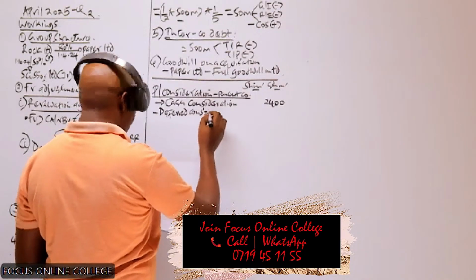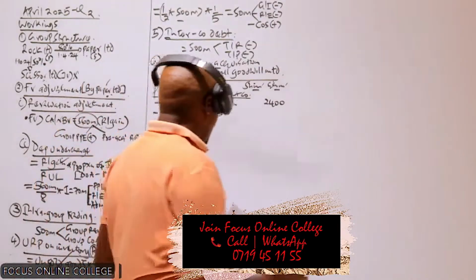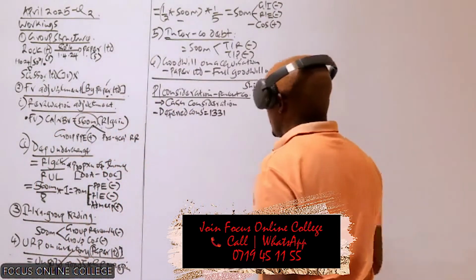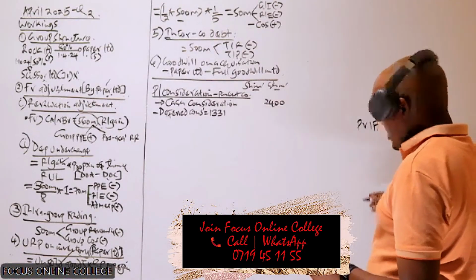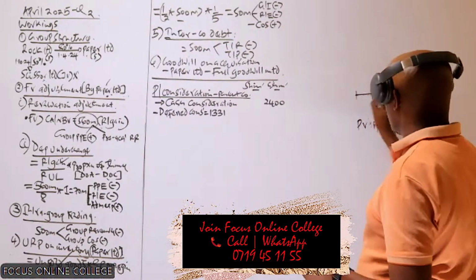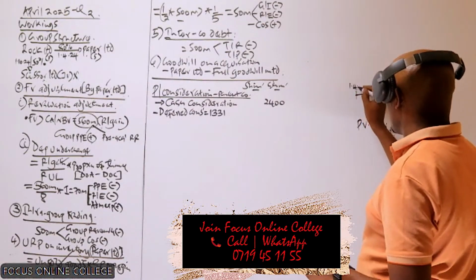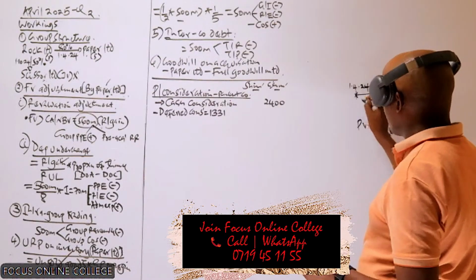So we will take 1331 and discount this to the present value by multiplying it with the present value interest factor at the rate of 10%. And for how many years? How many years do we have from the date of acquisition? 1st of April 2024 is the date of acquisition.